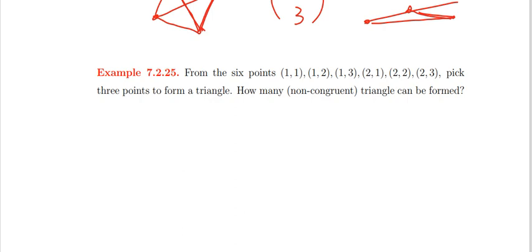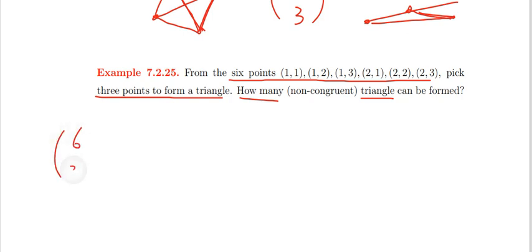So here we have 6 points. Pick 3 to form a triangle. So how many triangles? Such a problem seems so easy, like, oh, 6 choose 3. But some triangles are the same.